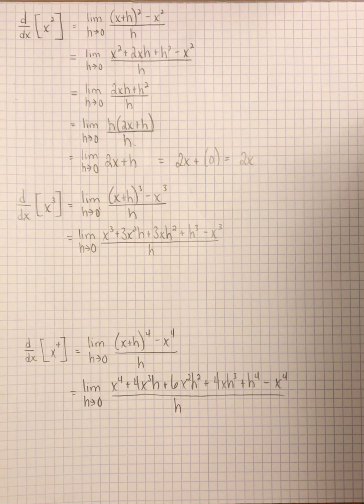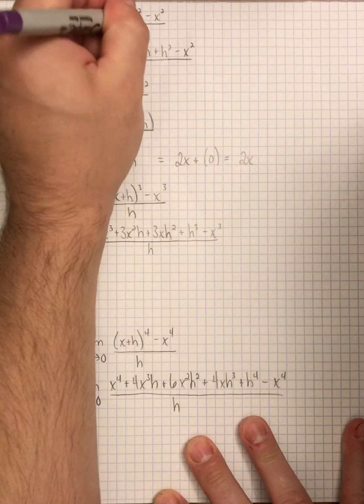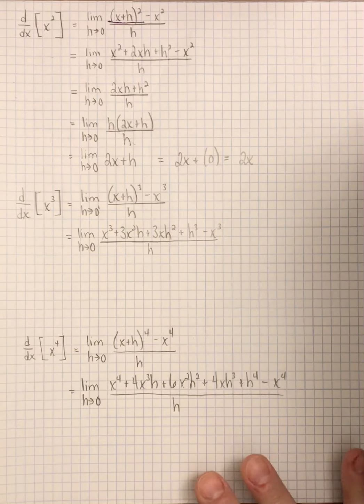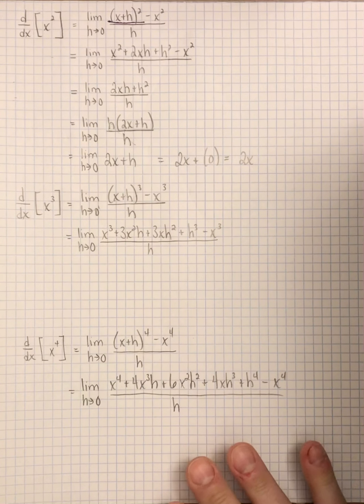So I started with the smallest power of x that is not covered by the linear function rule, x squared. So the derivative of x squared put into the limit definition of the derivative. Now, this is really the big key here: the expansion of x plus h to whatever power.